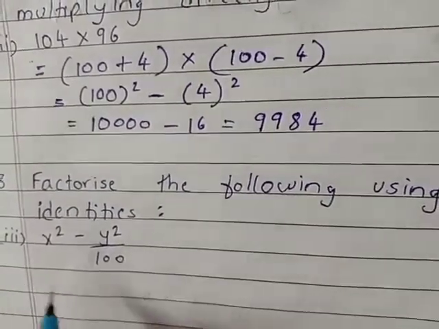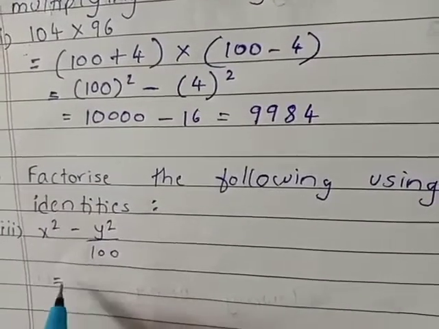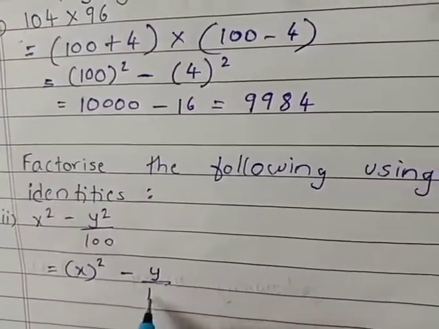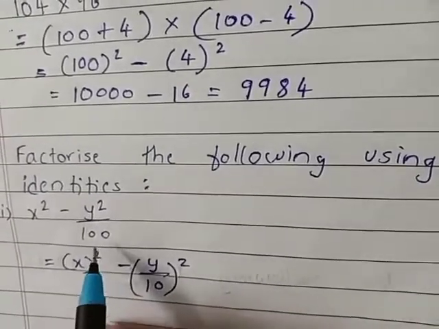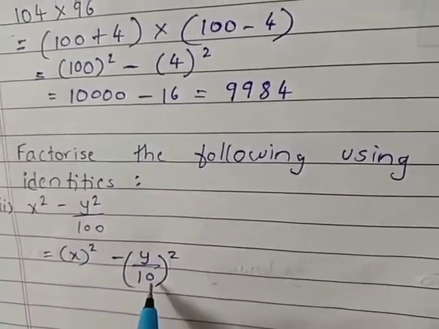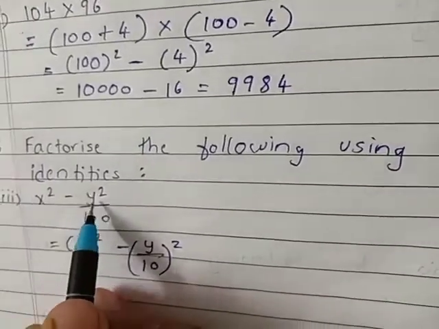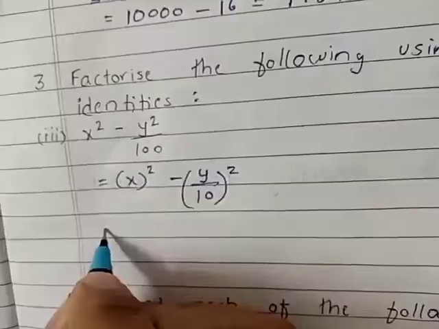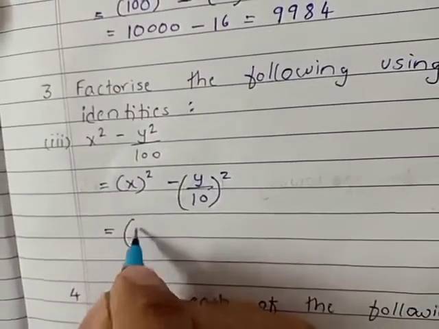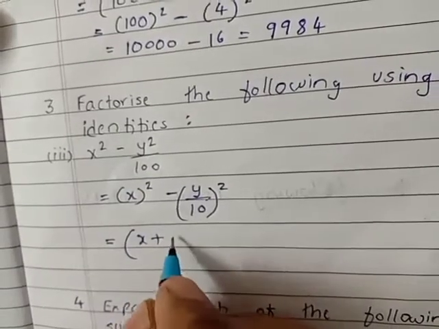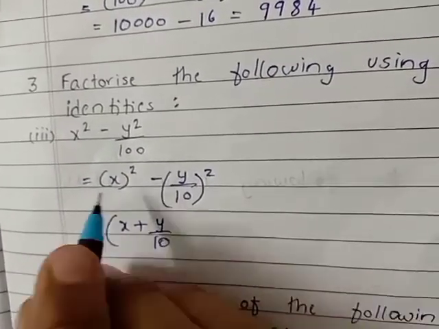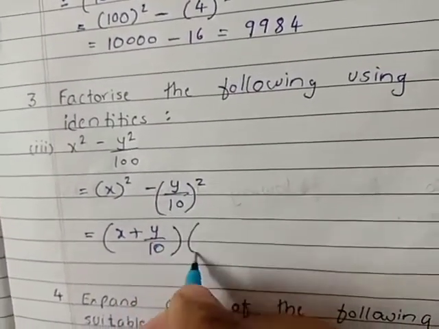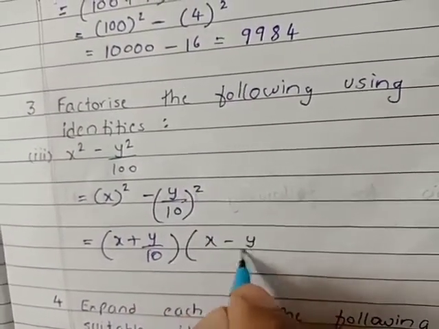So this you can write as x square minus y by 10, because square root of 100 is 10, and square root of y square is y. What is a over here? x, and b is y by 10. a plus b into a minus b.